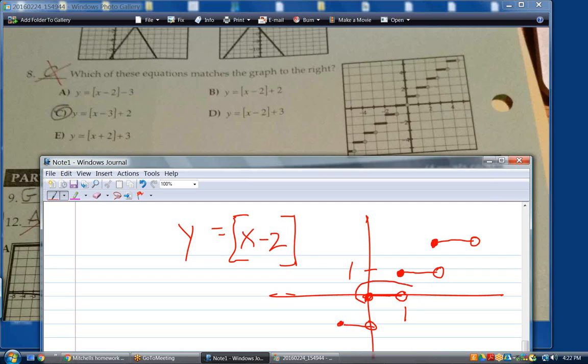So this one would be starting at 3, or excuse me, starting at 2, and it would go like this. Well, how do I get from that to this over here? I've got to move it up what? 3. That gives me that. So if I take that and combine it with a vertical shift of up 3, I get what I'm looking at.